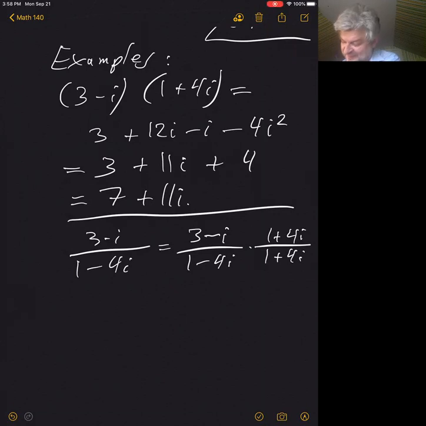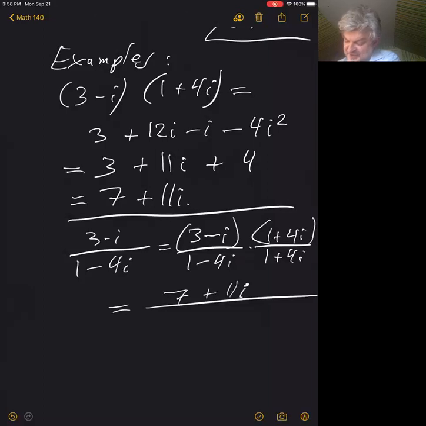Multiply top and bottom by the same quantity. And now that is in the numerator, this times that. We just did that, so that's going to be the same thing. It's 7 plus 11i.